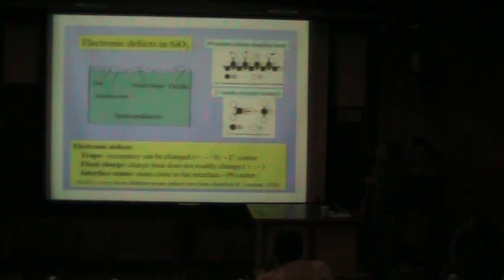And there's a bulk defect called the E' center, which is basically an oxygen vacancy, where the silicon atom has only one electron there, and it can accept an additional electron. So these are true atomic scale defects that have very important and interesting properties.